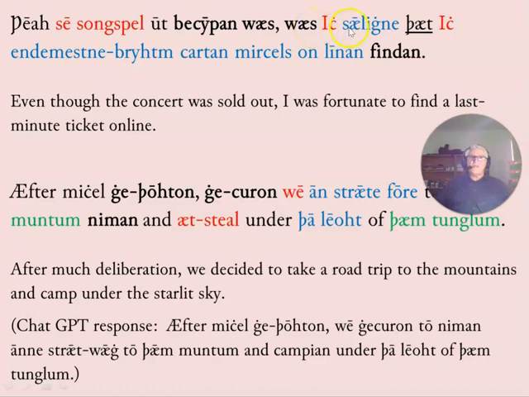Was ich, I was fortunate, that I last minute ticket I could find. Findan goes to the end in its infinitive form. Findan ende mesne beruchtem Carton Mitchells, all right? I was fortunate to find a last minute ticket online.